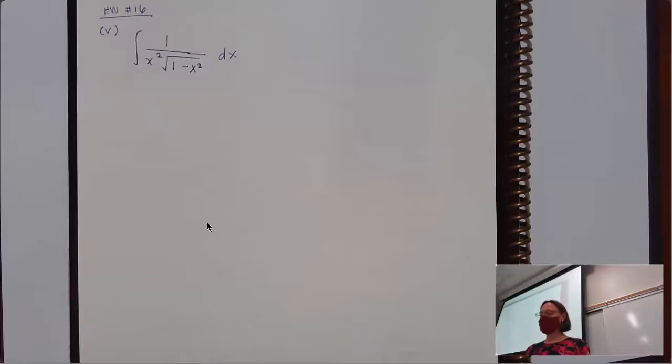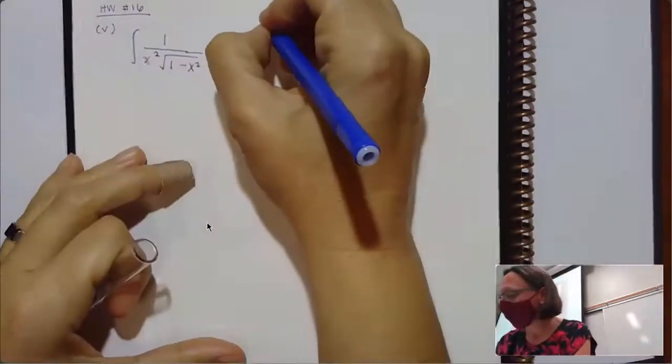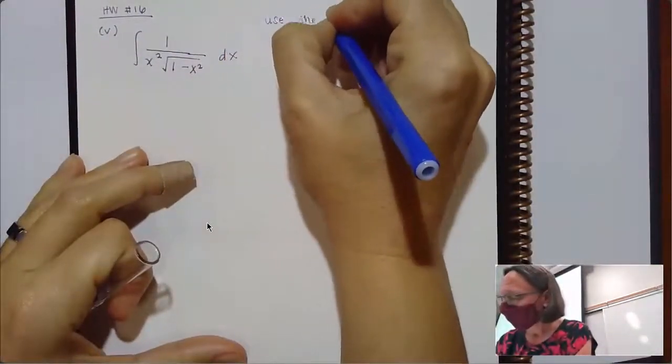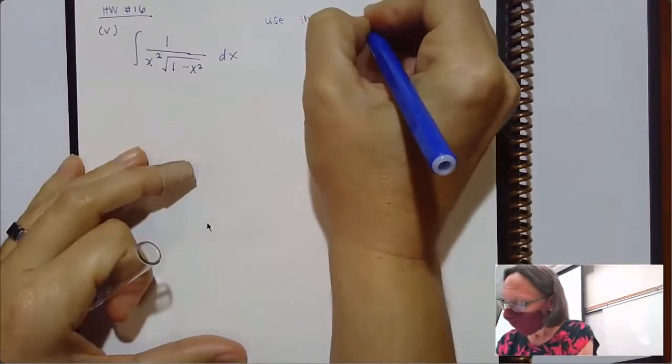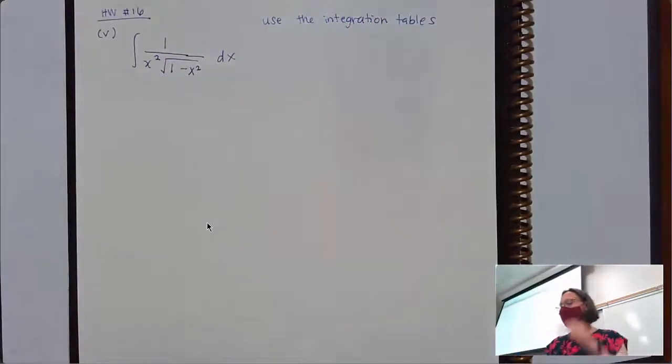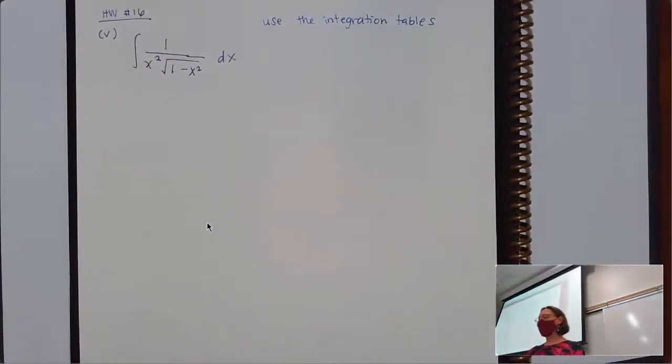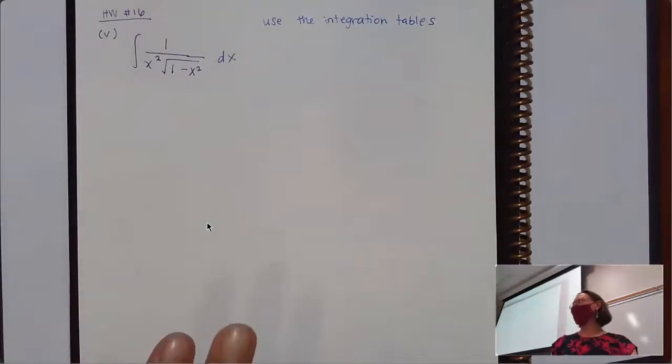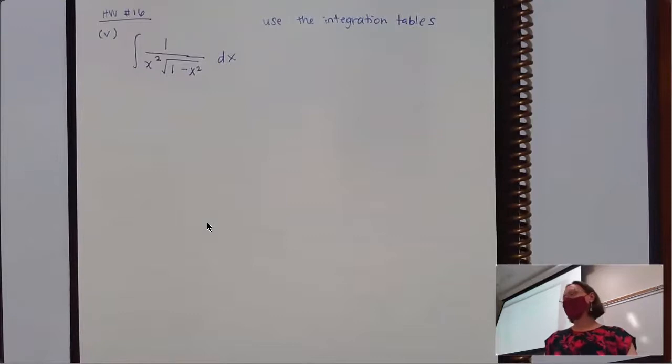So the specific instructions that we were given on this thing were to use the integration tables. And I will just point out that there might be a way to get through this without using the integration tables.